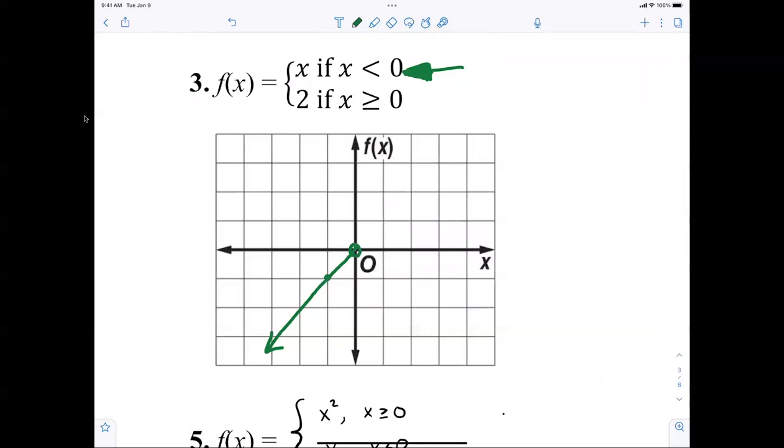If I'm using the values that are less than 0, what numbers are less than 0? Anything negative. So if I plug -1 in for x, what do I get? -1. If I plug -2 in, what do I get? -2. So I'm forming this segment.